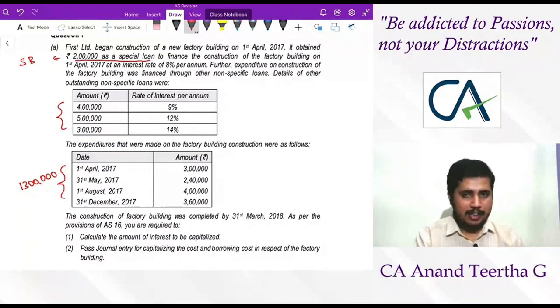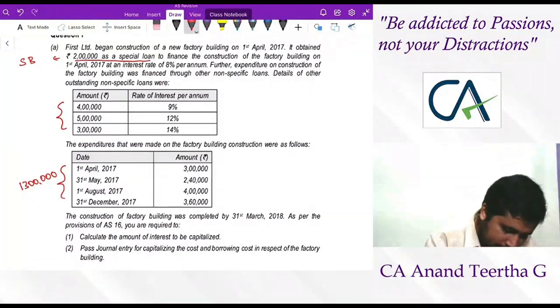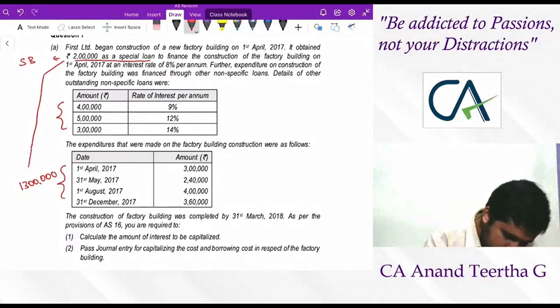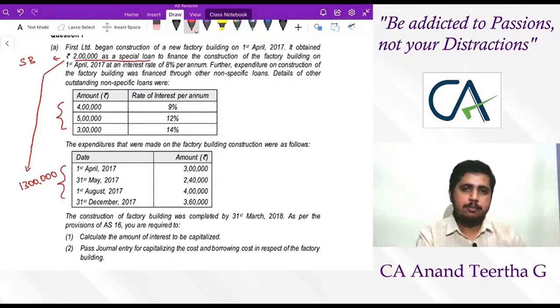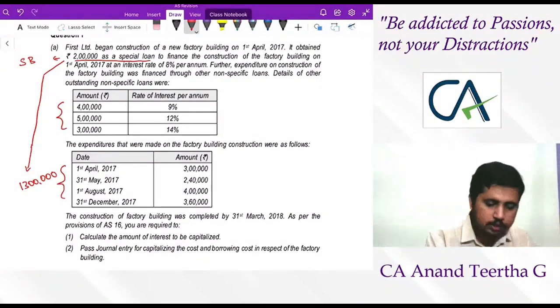So, of this 13 lakh, I can now correlate 2 lakh as specific loan. The remaining 11 lakh is from general loan. The point is, how much amount is collected from which general loan? Because there are a total of 3 general loans.